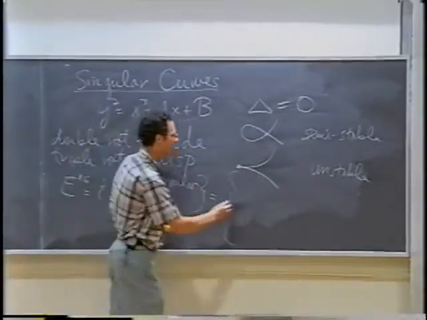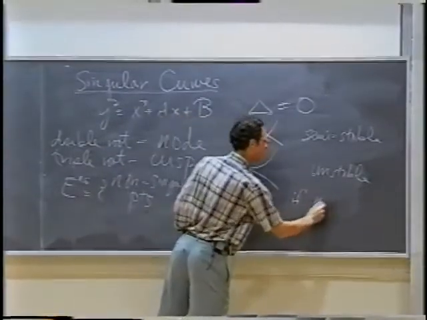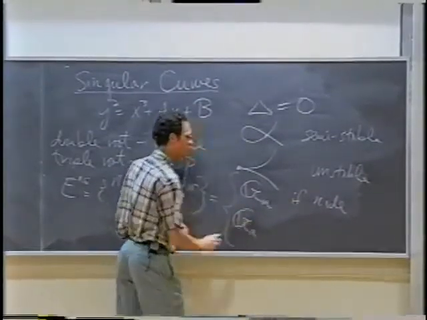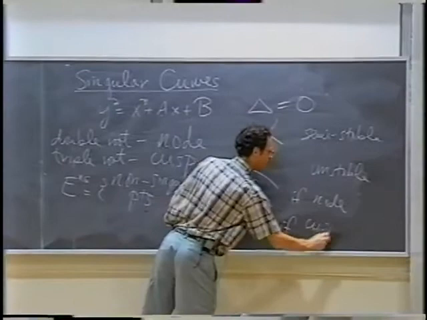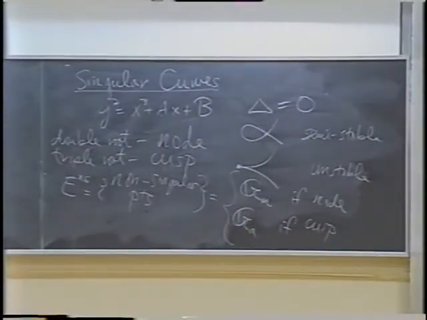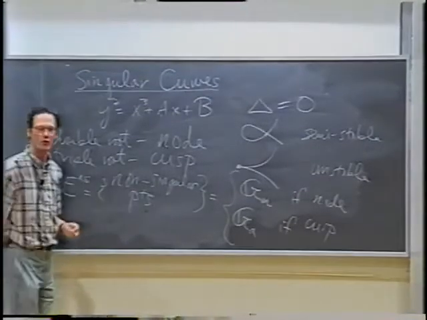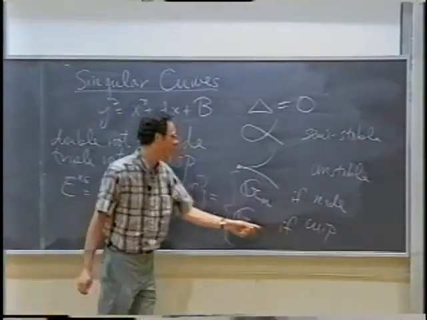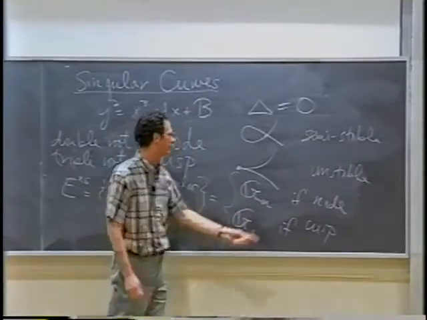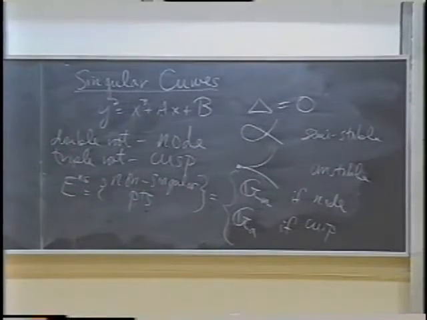You either get the multiplicative group, G_m, if there's a node, or you get the additive group, G_a, if there's a cusp. And this is why one talks about additive reduction and multiplicative reduction. So there are about four or five terms for the same thing: cusp, additive, unstable, triple root; node, multiplicative, semi-stable, where the cubic has a double root.